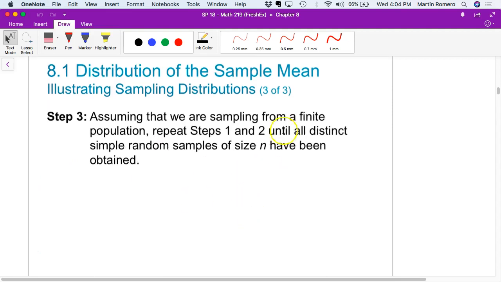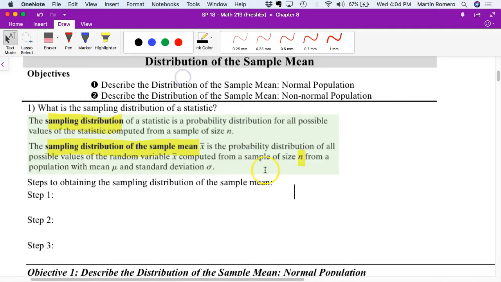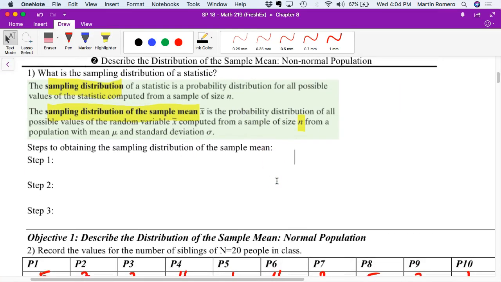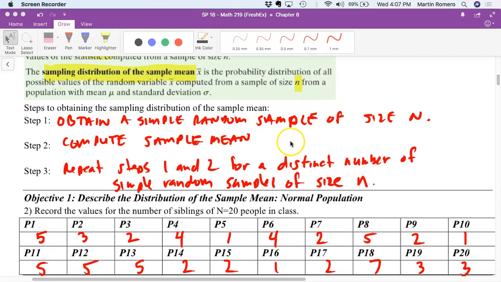Step 3, assuming that we are sampling from a finite population, we repeat the steps a certain number of times with the same sample size. After we do that, we then have a sampling distribution. It's the idea of repeatedly sampling a population. So you've written those steps in place.